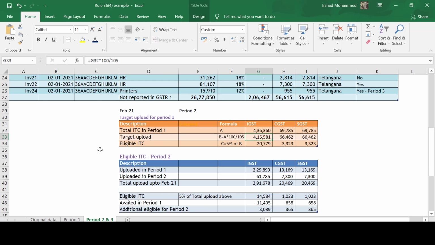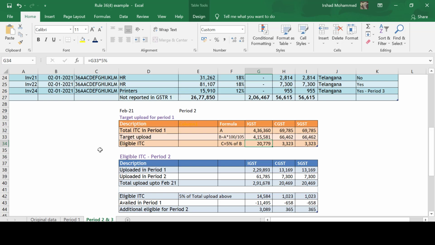That means if the suppliers upload this many invoices for January 2021, then you are eligible to take 5% ITC irrespective of the fact whether they have uploaded the invoices or not.